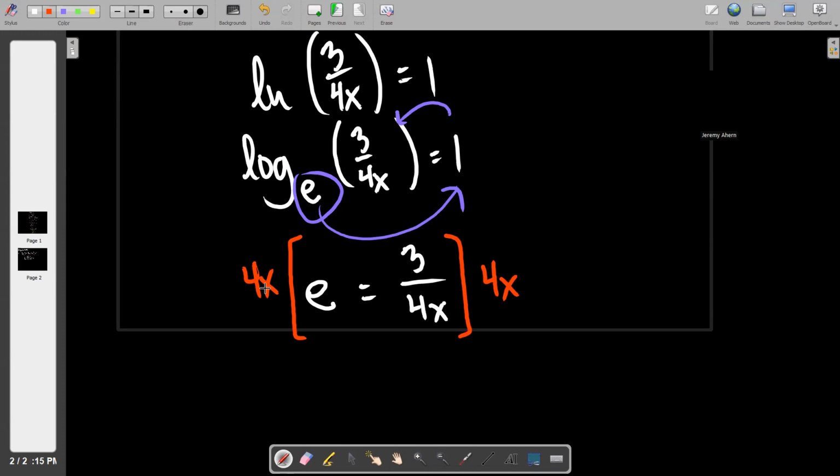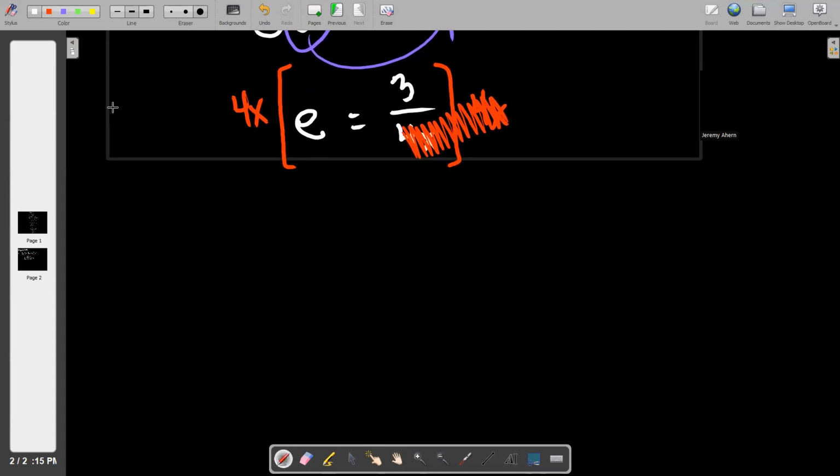Thought number 1 is really, regardless of anything else in my plan of attack, I know that I do not want a fraction in my equation. So I'm going to multiply by whatever the bottom of the fraction is, in this case, 4x. And the 4x's on the right-hand side are going to go bye-bye, just like this, like I'm vandalizing. And I'm going to be left with the equation that says 4x e equals 3, right?